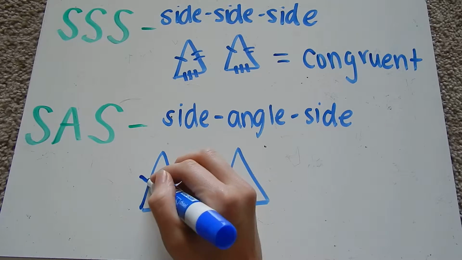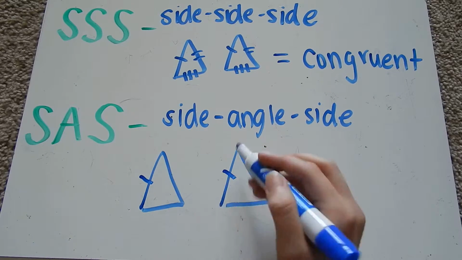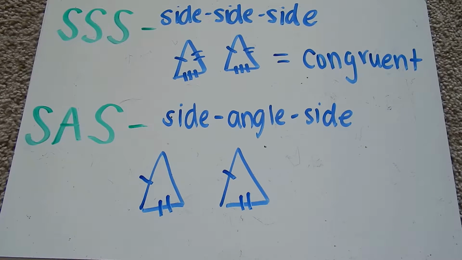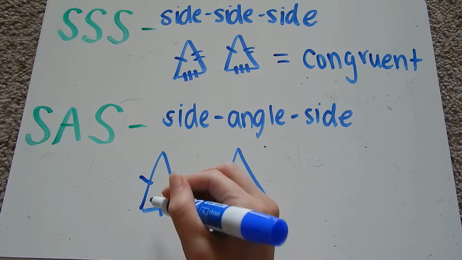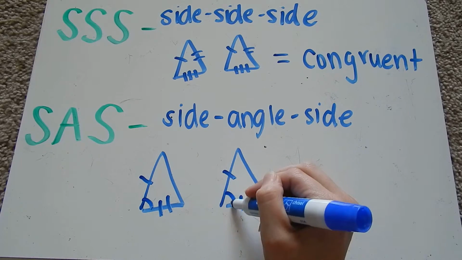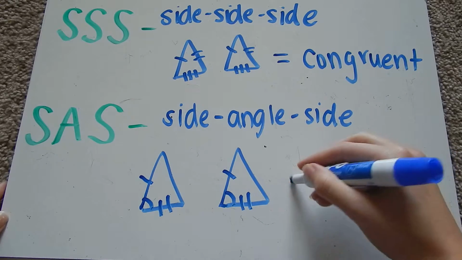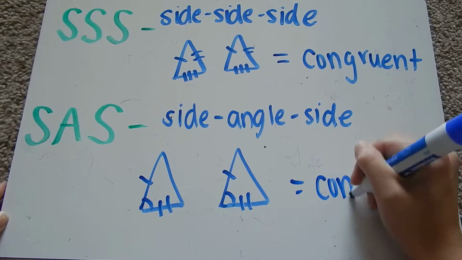So if this first side's congruent and the second side's congruent, the angle in the middle of these two sides has to be congruent. So this angle has to be equal to that angle there. Has to be in the same exact order. So side, angle, side, side, angle, side. So that would also prove congruency.